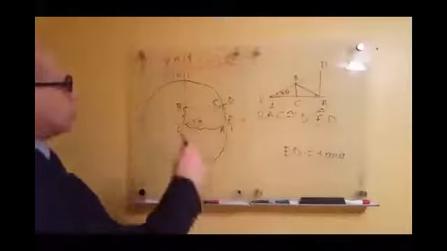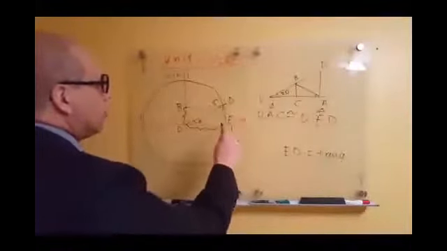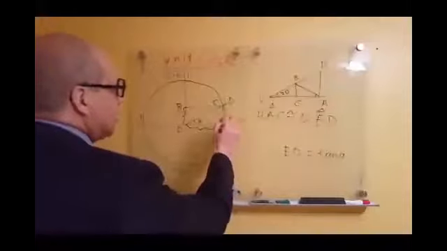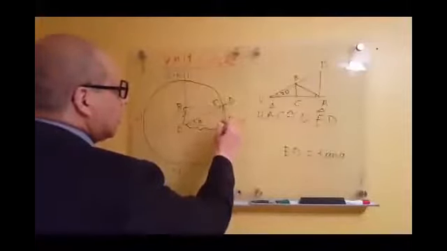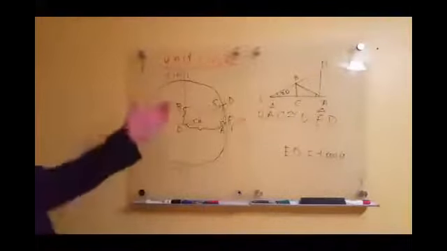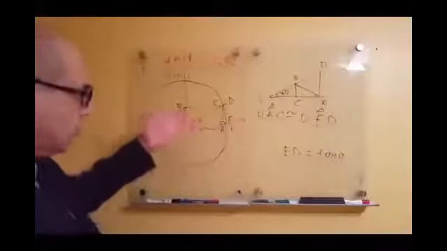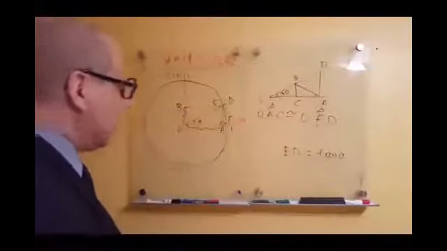Why are they similar? Because they have this angle A in common, and of course this angle here and this one here are equal to 90 degrees. Since they have two angles equal, the two triangles are similar.